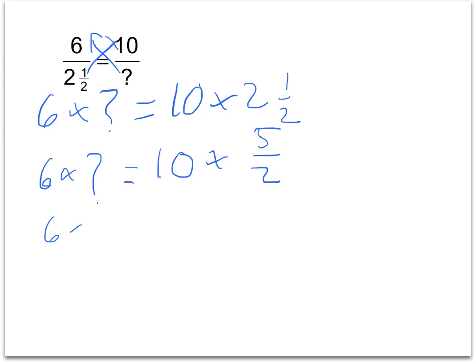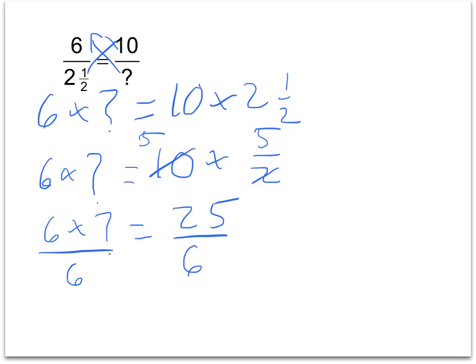And now we can easily do this arithmetic on the right. Multiply numerators, 10 times 5. Well, actually, we can simplify this a little bit. The 2 and the 10 will cancel off, and so we're left with 5 times 5. And so this is 25 on the right. And so now let's solve for question mark by dividing by 6. Divide by 6.